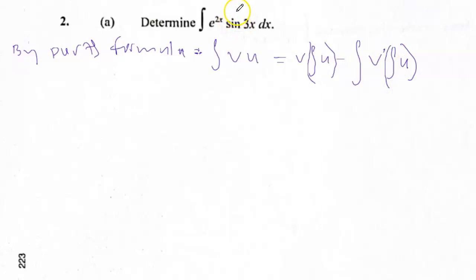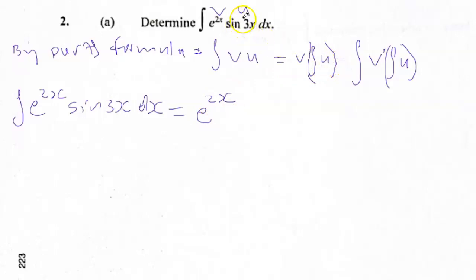So I'm going to let sine 3x be u, and e to the 2x be v. So we're integrating e to the 2x sine 3x. I'm just following this formula. So for v, my e to the 2x, I restate that. And I integrate u, integrate sine 3x, that's negative cos, so I'll put negative outside here: negative cos 3x over 3.